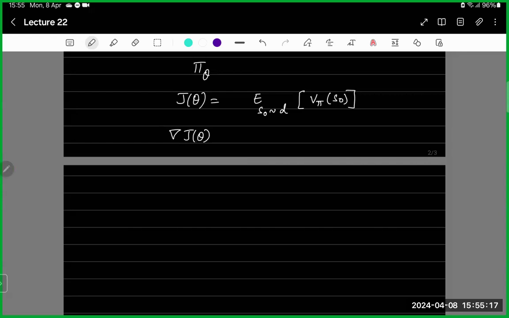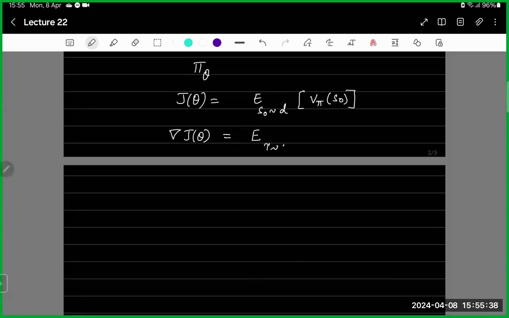What did we get as our gradient? Do you remember? We have derived multiple versions.